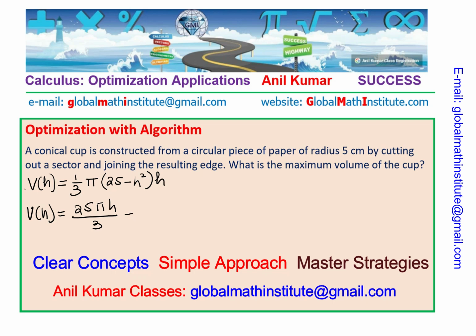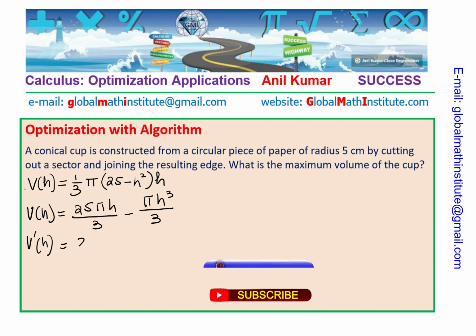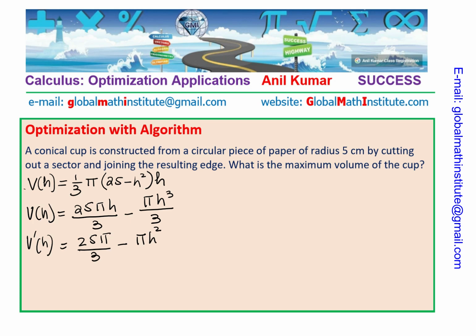Minus pi h cube by 3, correct? And the derivative which we got was 25 pi by 3 minus, 3 and 3 cancel, pi h square. And the critical point was at h equals square root of 25, which is 5, over square root of 3. So that is what we have come to. Now, as you can see from that particular cone, let's redraw it here.